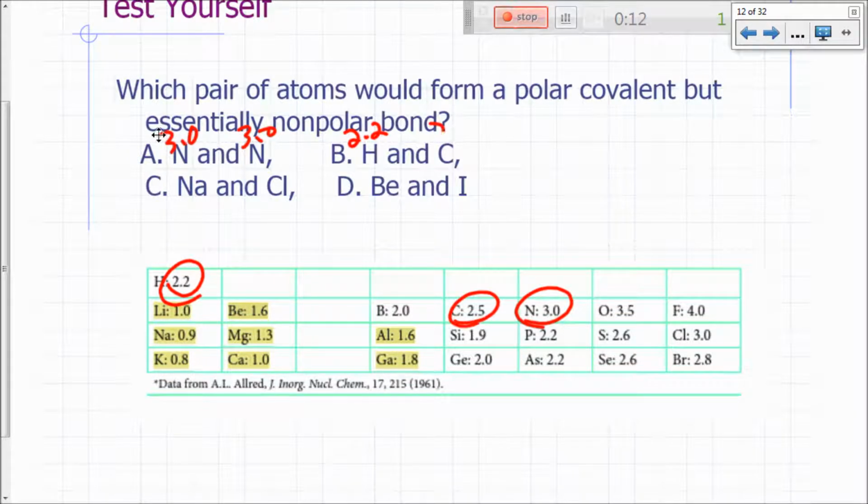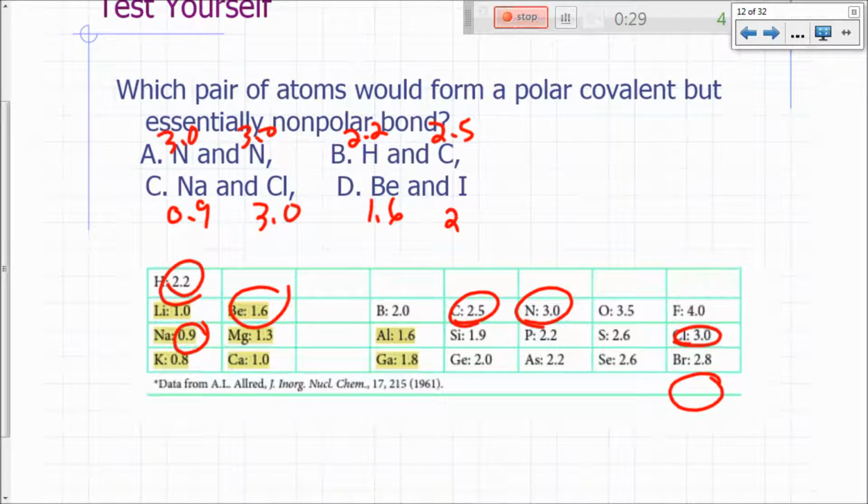Carbon's 2.5. Sodium is 0.9. Chlorine is 3.0. Beryllium is 1.6. Iodine is 2 point something, less than 2.8.